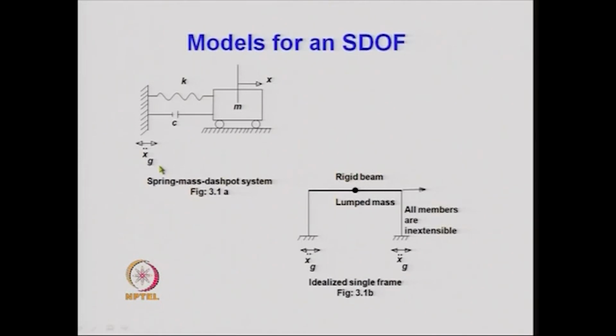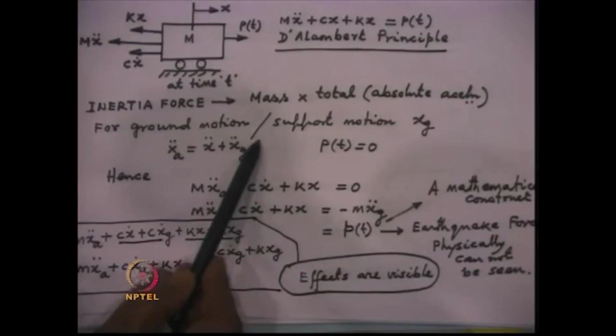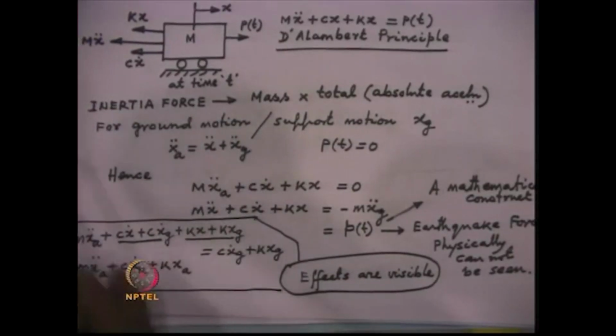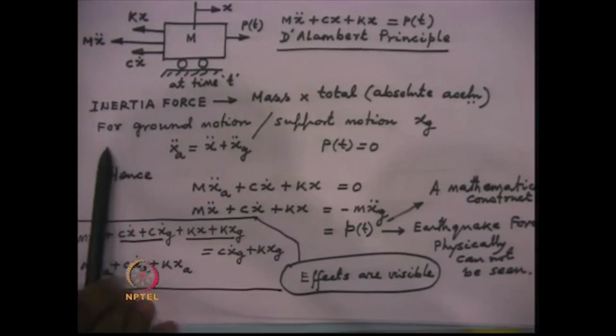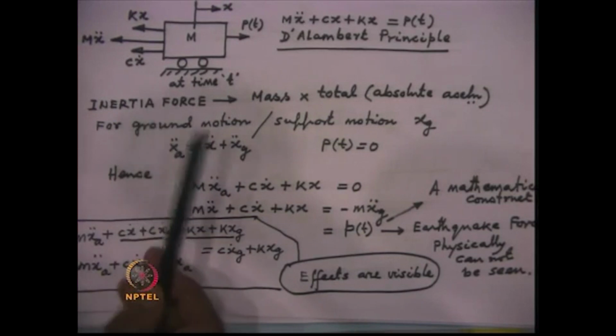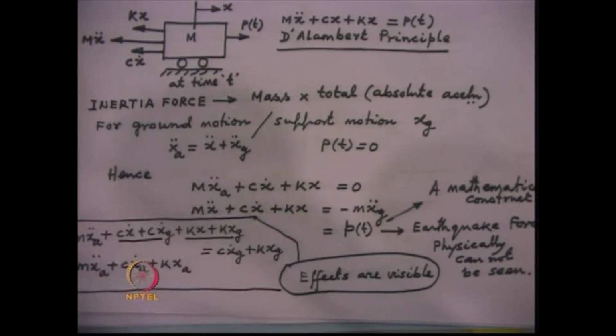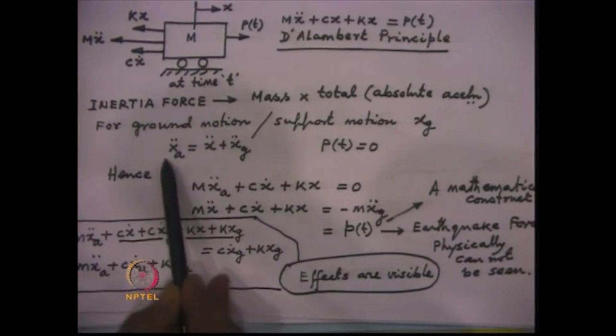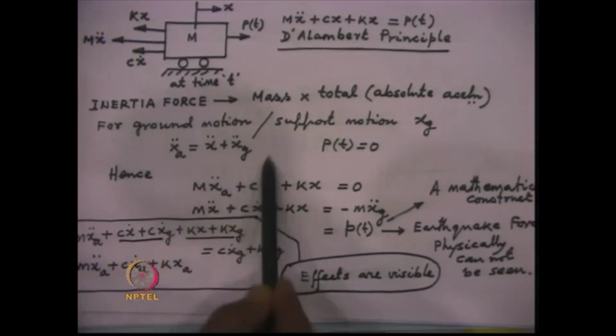For writing down the equation of motion, we make a slight change. The change is that the mass now undergoes a total acceleration, total displacement and total velocity. The definitions of the total displacement, total velocity and total acceleration are obvious from this equation.